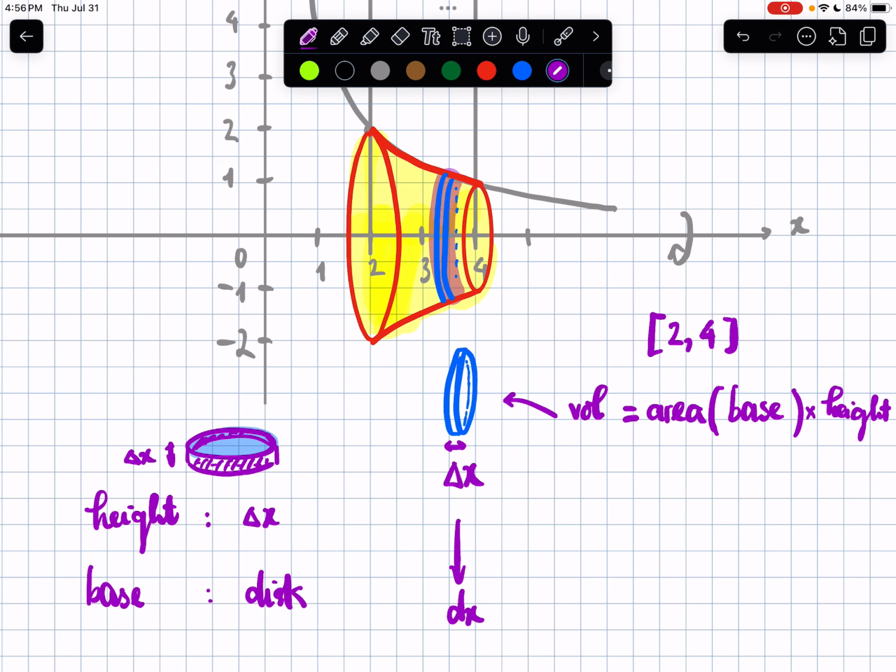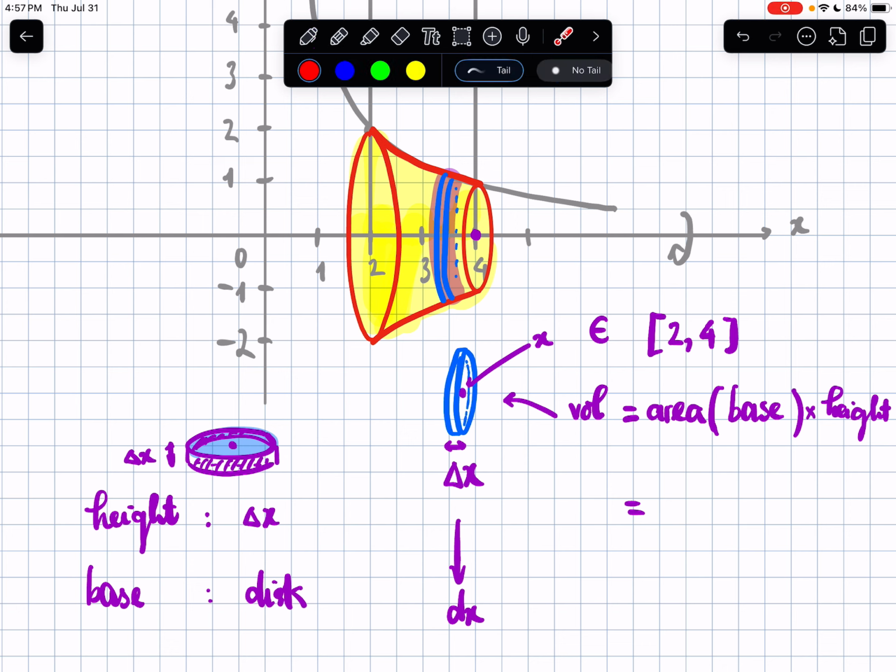The base is a disc, so the center of the disc is, say, the point x. So this is the center of the disc, where x is between 2 and 4.